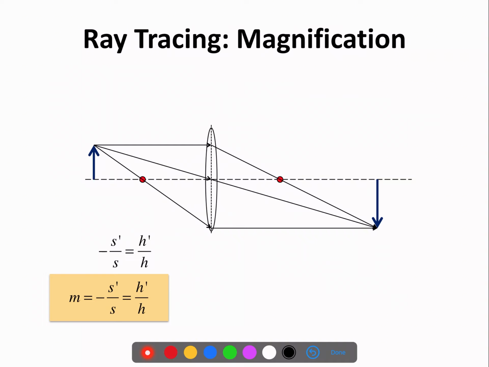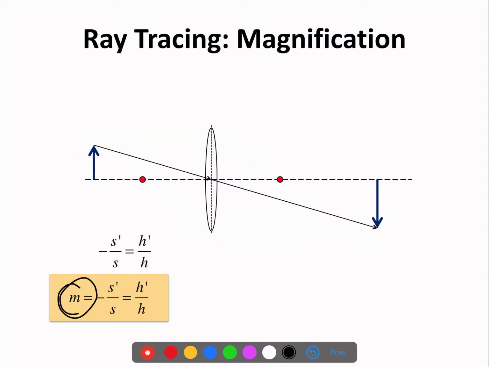So there's some geometry that happens here, several triangles, but the key takeaway is that we end up with this interesting phenomenon. So this is the magnification. We'll talk about the geometry in a second, but it's going to be negative S prime over S is equal to H prime over H. And there's a negative here, and this is pretty important.